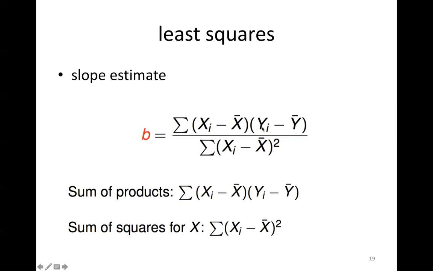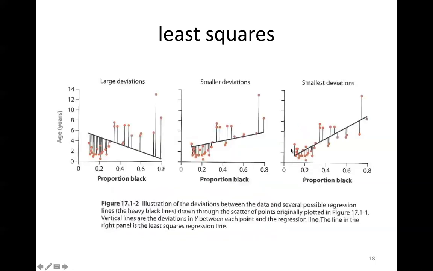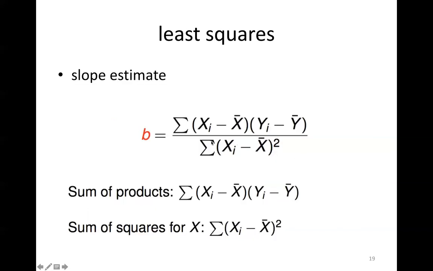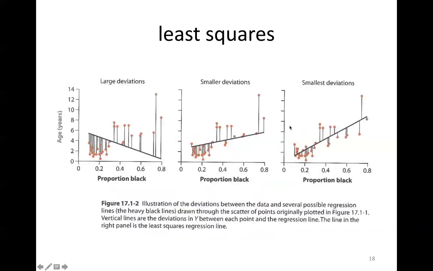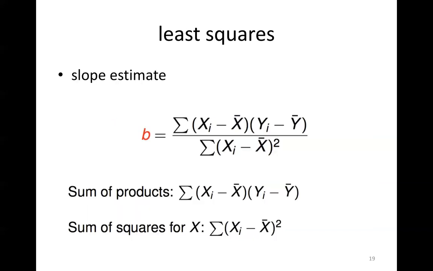And in the denominator, we have the sum of squares for x, that is the difference between each x value and the mean of x, squared. Okay, and that is the slope estimate. By theory, people have shown that this slope will minimize the squared differences. And yeah, this is an old result.